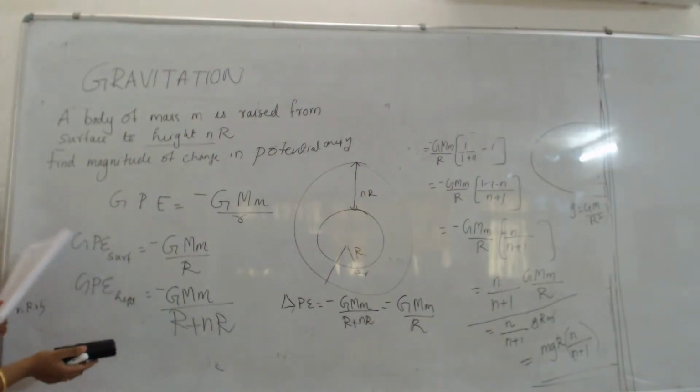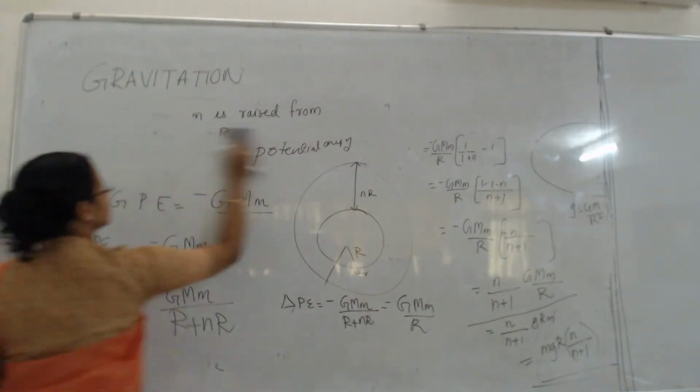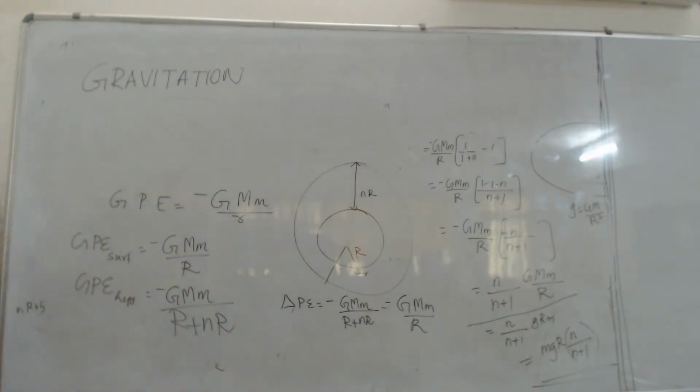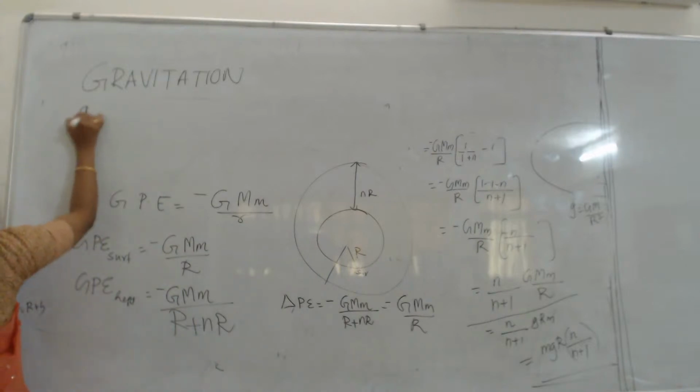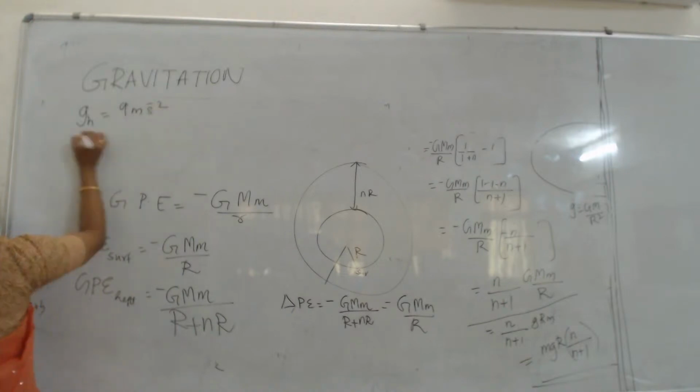One more question. Gh is 9 meter per second square.